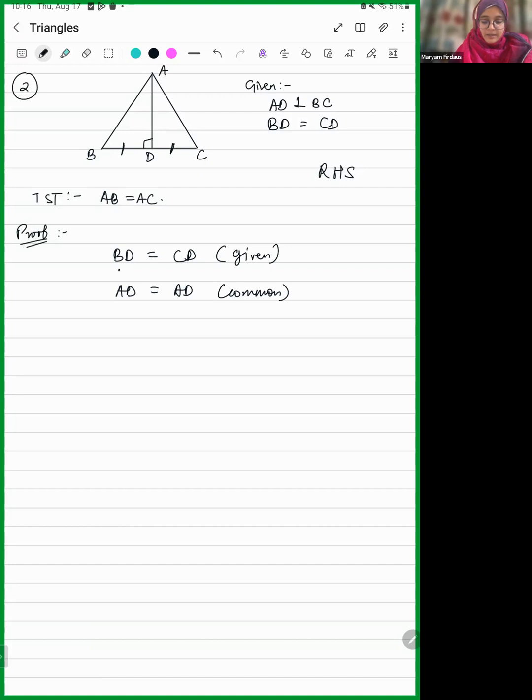And angle ADB is equal to angle ADC, given, right? Because it is equal to 90. Therefore, SAS. In triangle ABD and triangle ACD, please note it down.